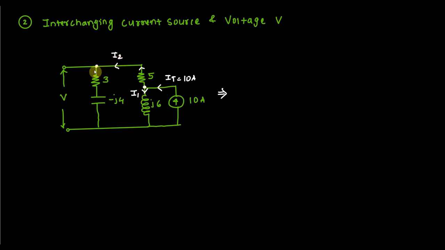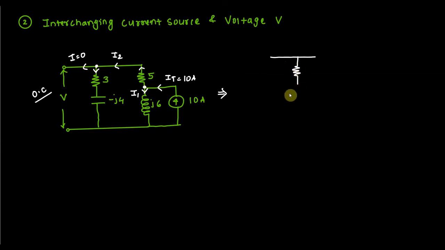What happened at this point? This current will again divide into two parts, but this current is 0. Why 0? Because you can see that this side is an open circuit, and current in an open circuit is 0. So the same current will flow here. So this 5, 3 and J4, all these 3 come in series. If I redraw the diagram, it will look like this.